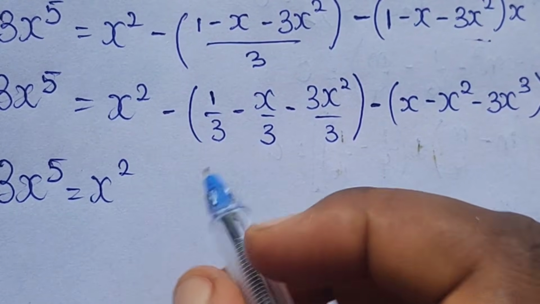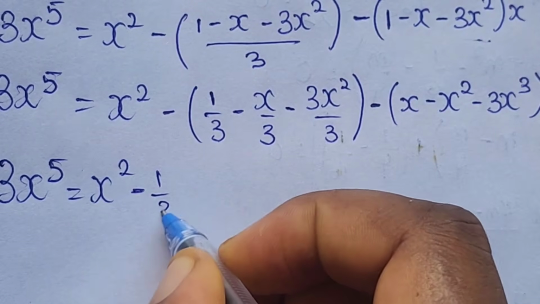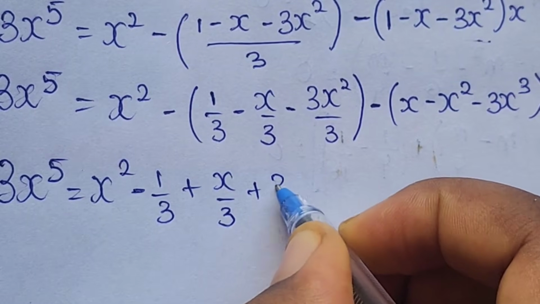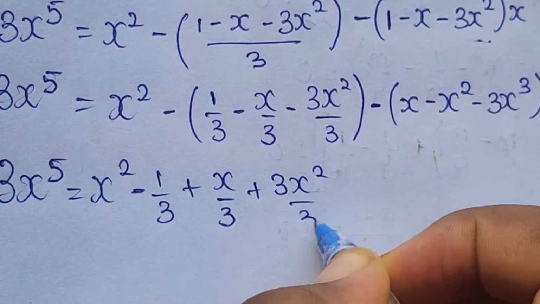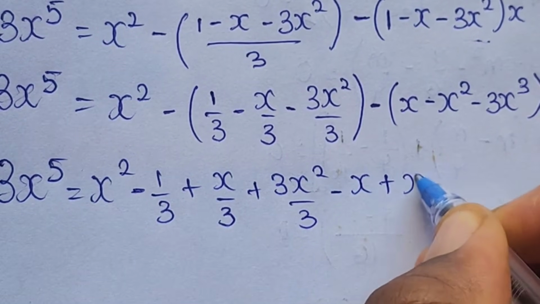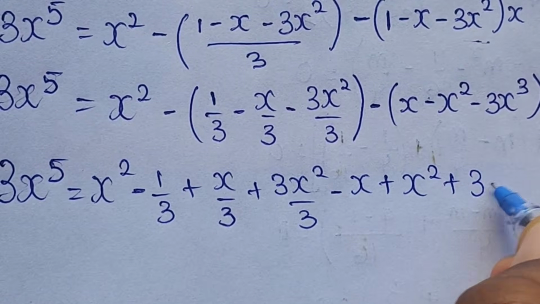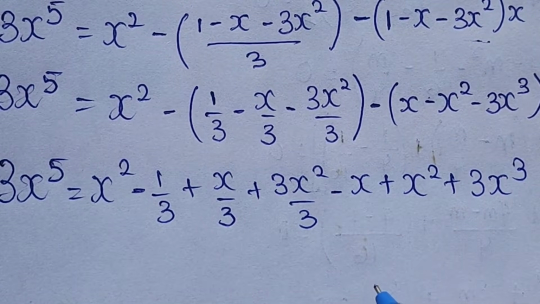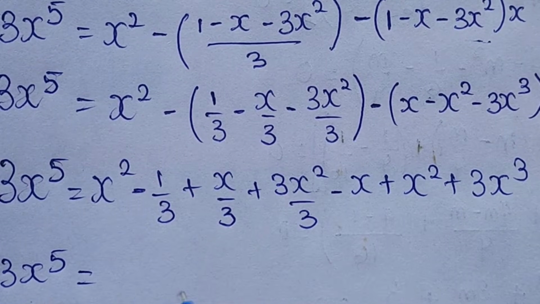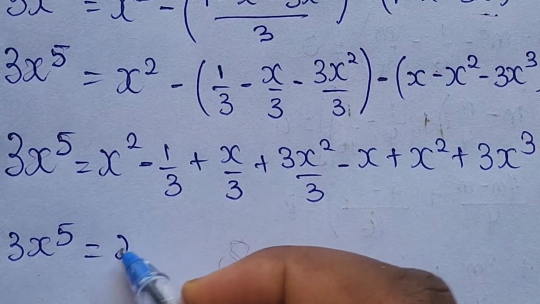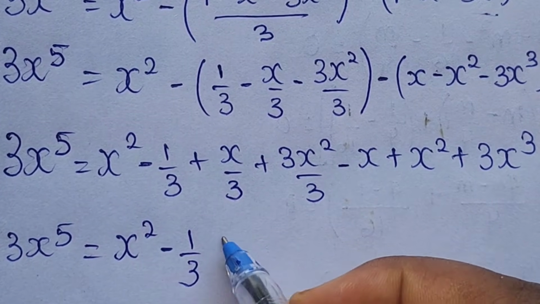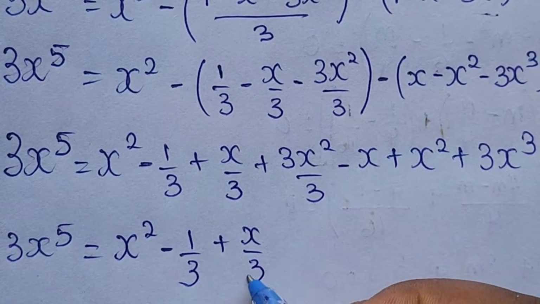So when we open up this bracket, we have minus 1 over 3 plus x over 3 plus 3x squared over 3. We have minus x here plus x squared plus 3x to the power of 3. 3x to the power of 5 is equal to x to the power of 2 minus 1 over 3 plus x over 3.